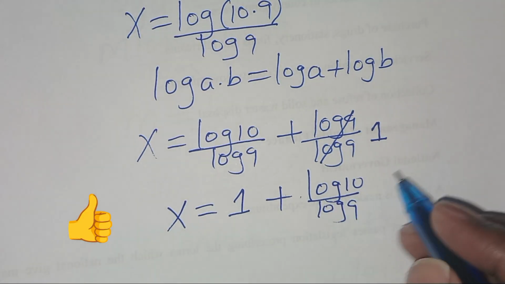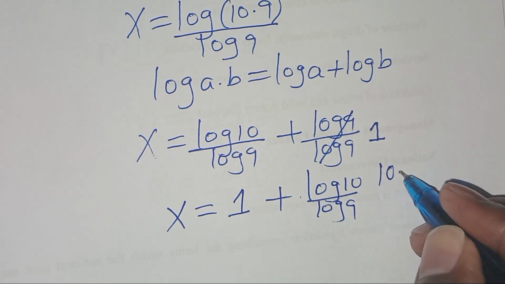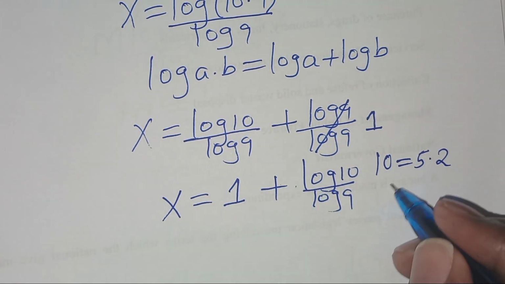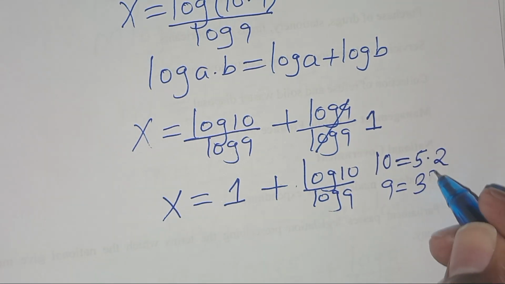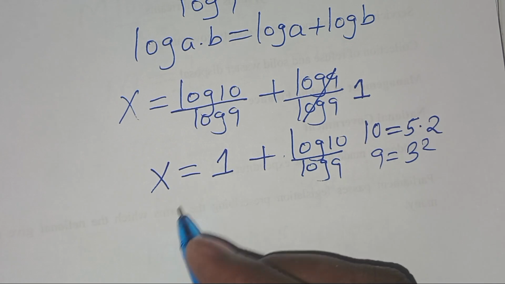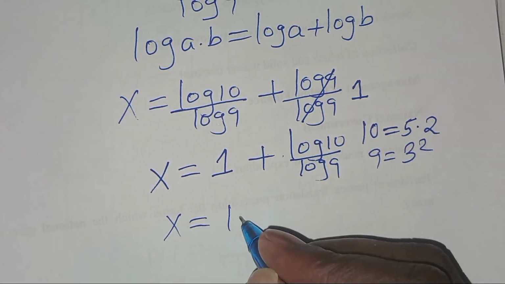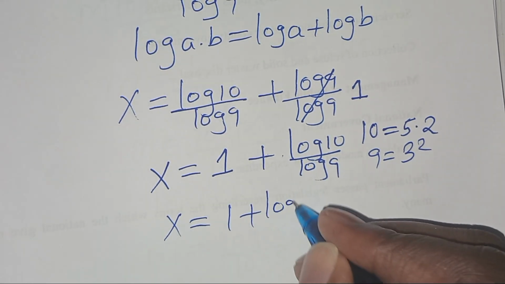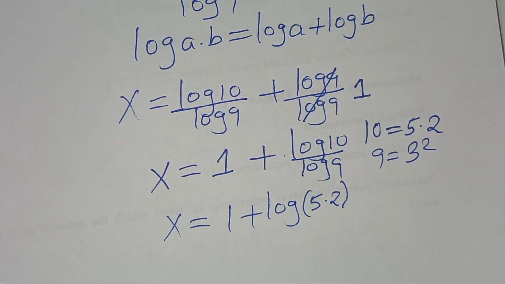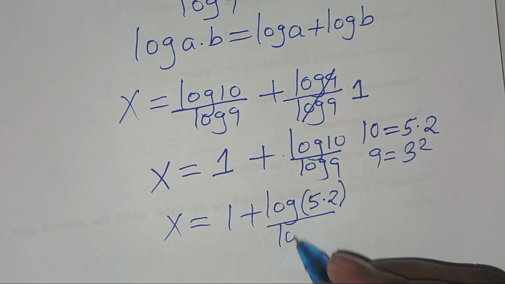Now, the next step from here, we can express 10 as 5 times 2, and we can express 9 as 3 to power 2. So let's substitute this. x is equal to 1 plus log 5 times 2 divided by log 3 to power 2.